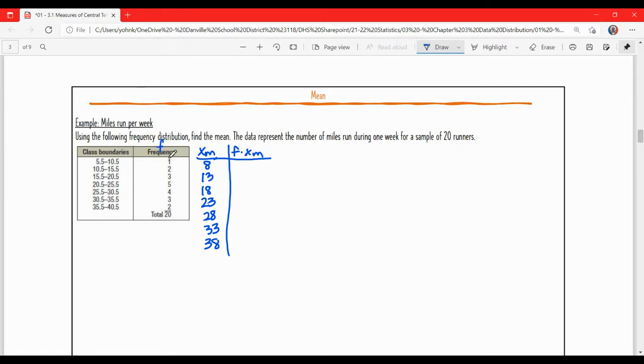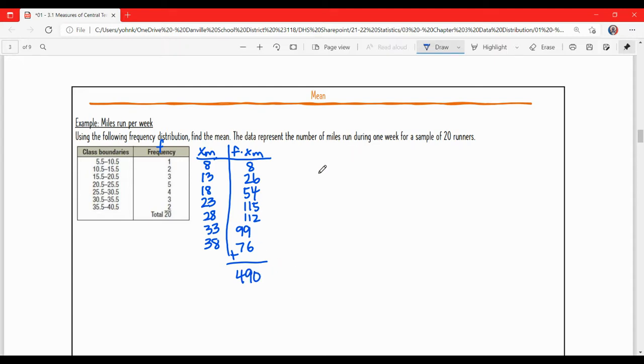We're going to multiply the 1 times the 8 and get 8. 2 times 13 is 26. 3 times 18 is 54. 5 times 23 is 115. 4 times 28 is 112. 3 times 33 is 99. And 2 times 38 is 76. Then we're going to add all of these numbers up, and you get a total of 490.